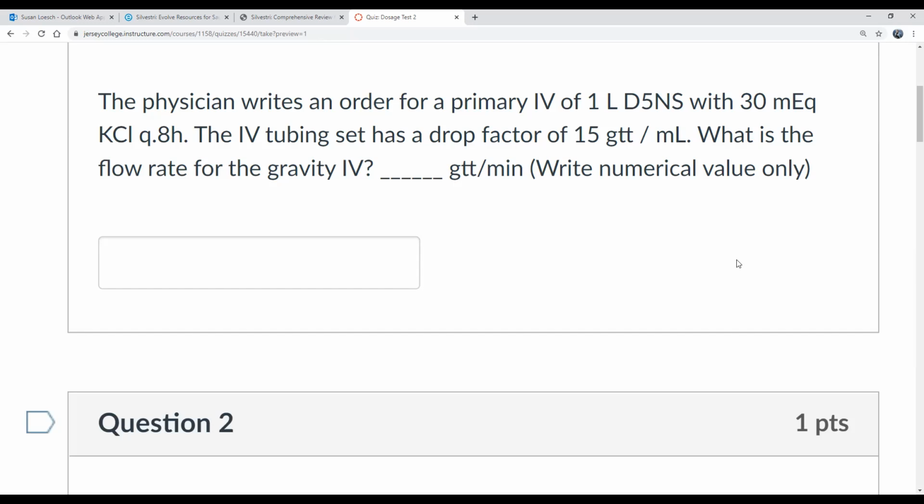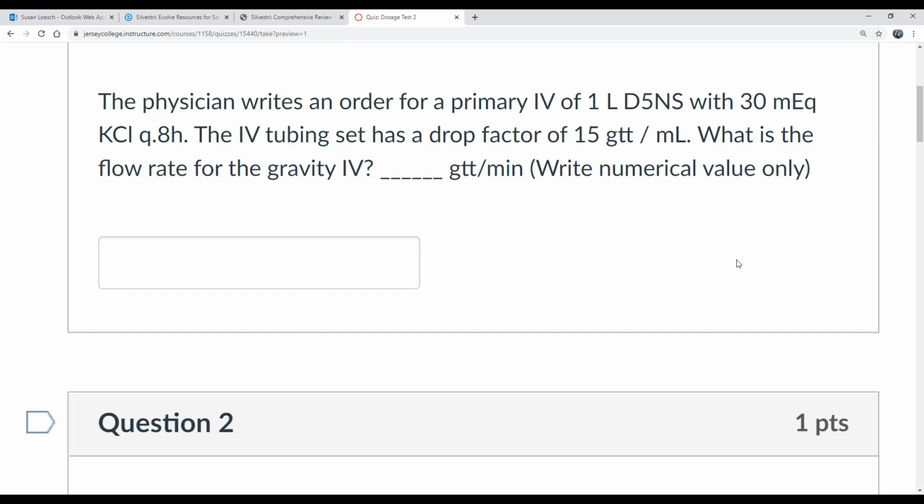Your volume is always going to be in milliliters, okay? So that's 1,000 milliliters. Now, what is your time? 8 hours, because we're giving it every 8 hours, so we're giving it 3 times a day, so it's going over 8 hours.